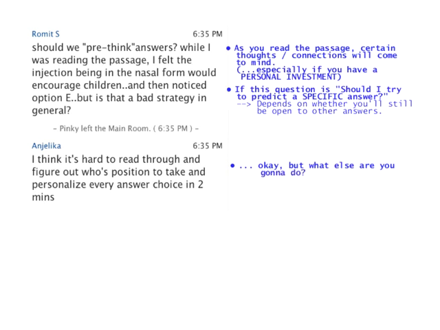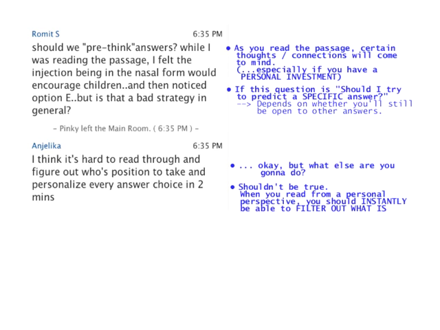But the second response is I would say this is not really true, because it shouldn't be true anyway, because when you read from a personal perspective, what should happen is that you'll have an instant filter. You should instantly be able to filter out what matters and actually filter out what doesn't matter. Because it's your perspective. You have personal stake.